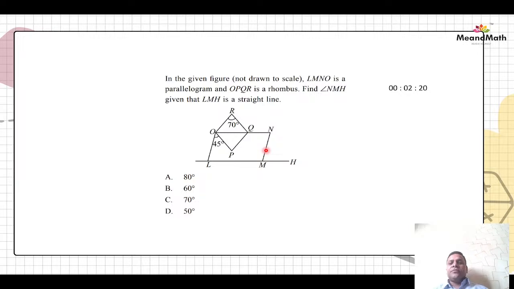I'll give you 2 minutes 20 seconds to solve this question. Let's see who is going to solve it first. Okay, I'll start the timer.